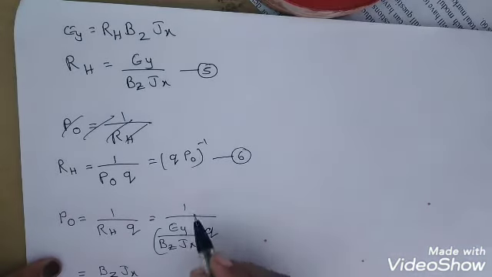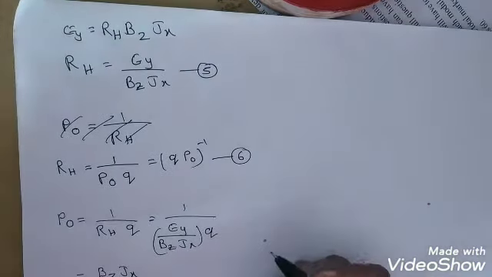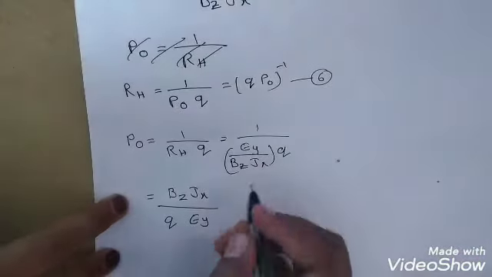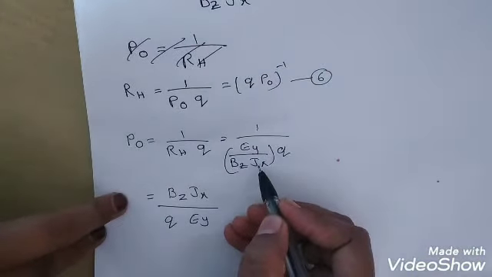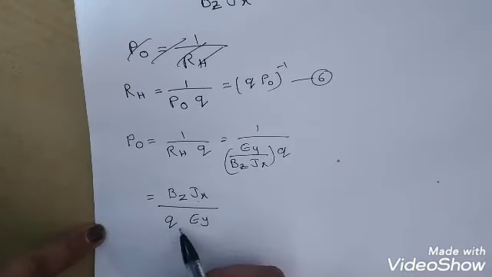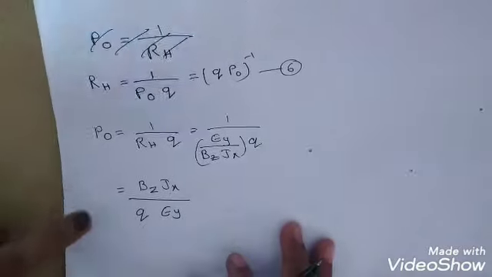So this part Bz into Jx will go to the numerator, and the denominator is Q into Ey.